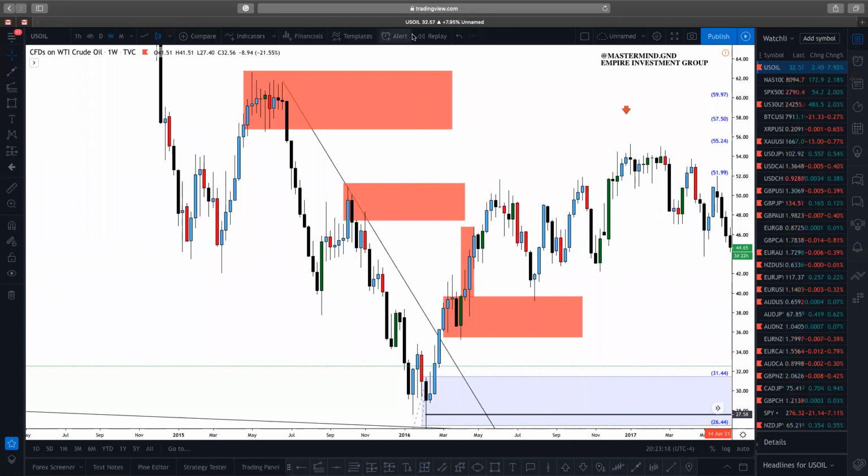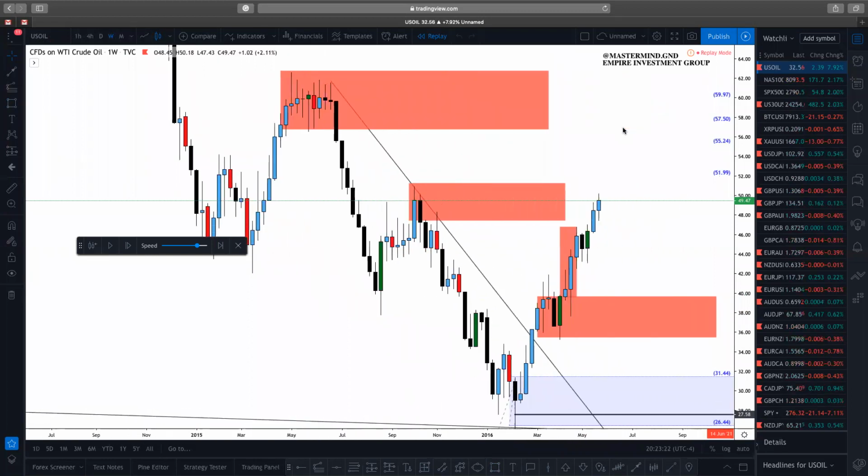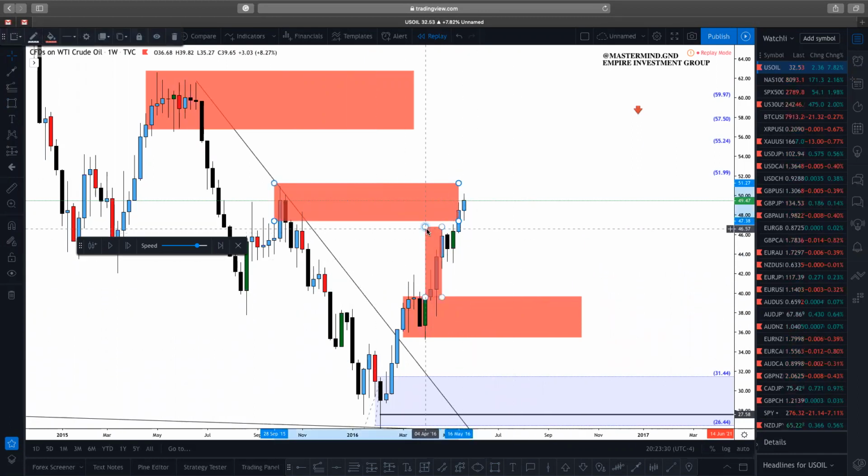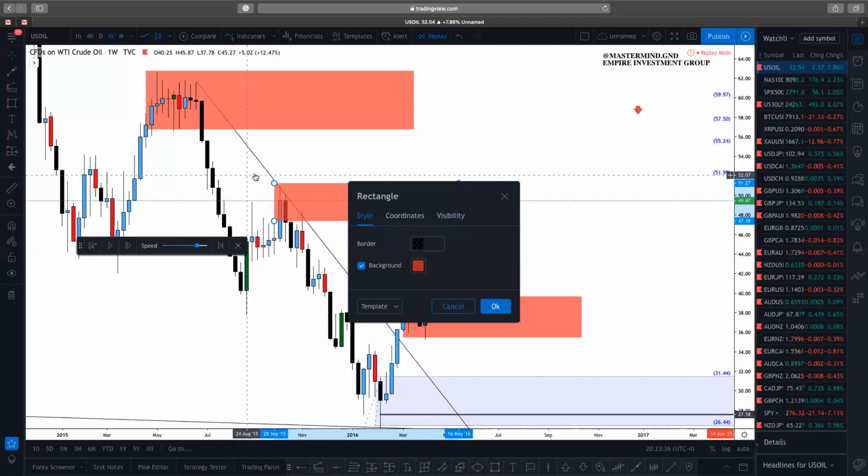Okay, so we know this is a potential zone, rally base rally. Now, this zone isn't valid until it accomplishes something. What? It removes another zone. It removes supply, so this is supply.